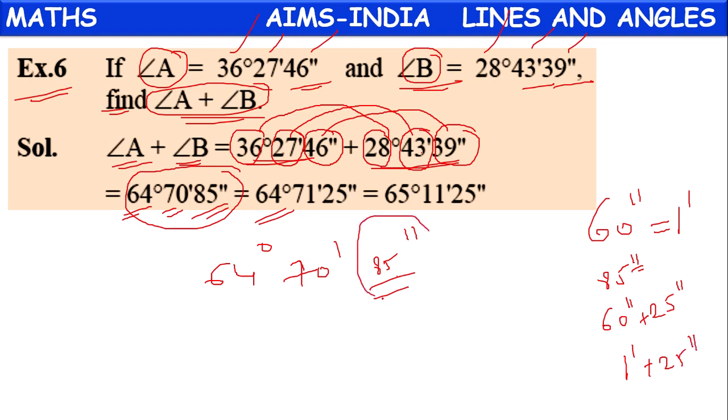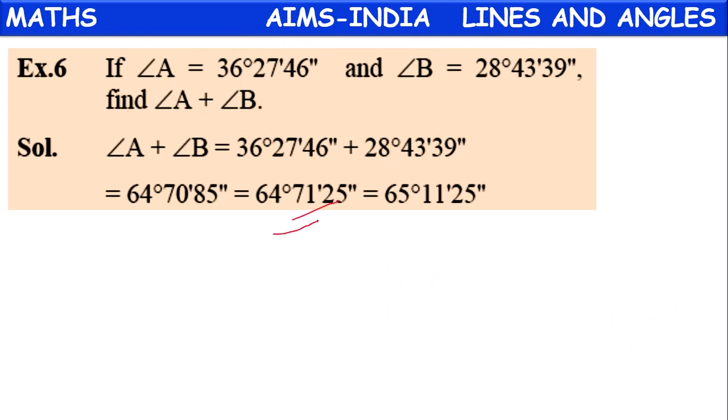From this 85 seconds, 1 minute will go forward and be added to 70 minutes, and 25 seconds will remain. So this 85 will become 25 seconds and 1 will be added to this 70, and it will become 71 minutes. That is one change we have to do.